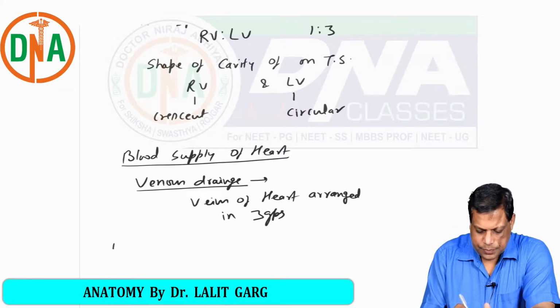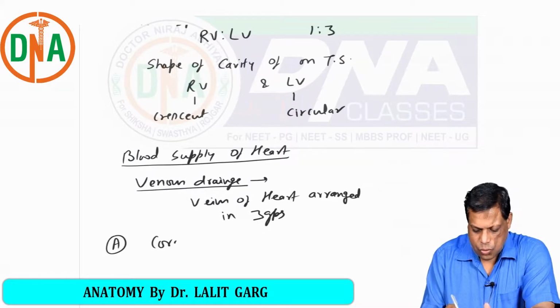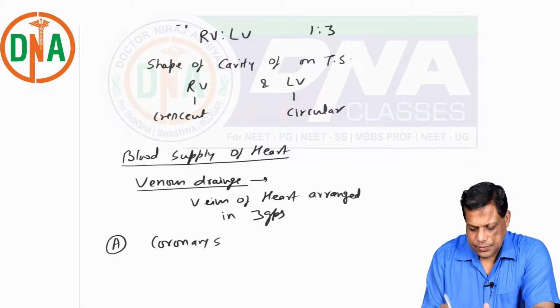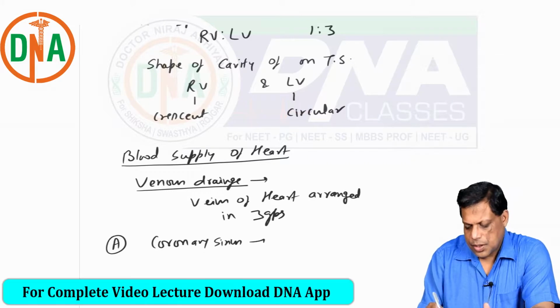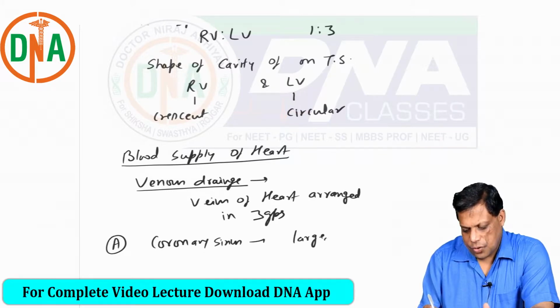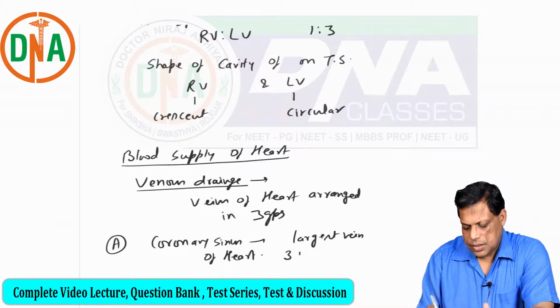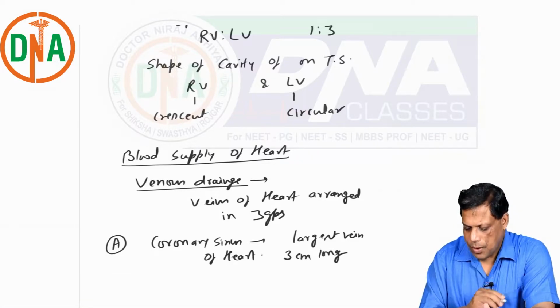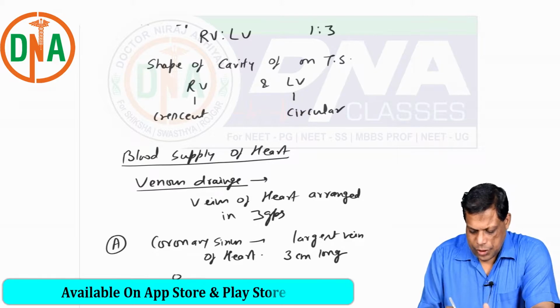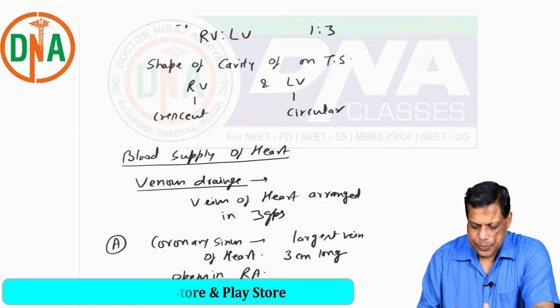The first is the coronary sinus. This is the largest vein of the heart. It is 3 centimeters long, and we know it opens in the right atrium.